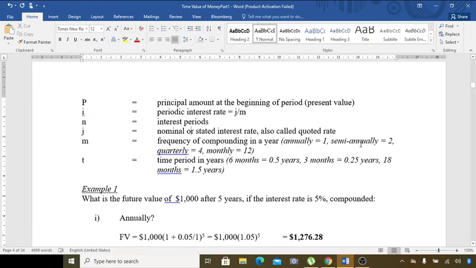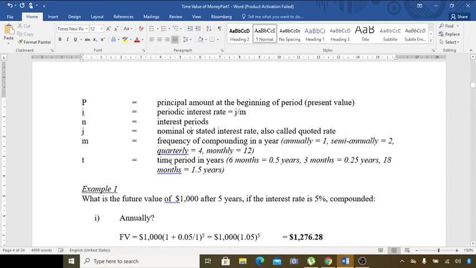If semi-annually, then you do it twice a year. You put your money at say the beginning of January, and come end of the 6th month, after 6 months, then only you will calculate the interest. Similarly for quarterly compounding, you do it 4 times a year. So it means every 3 months. And if it is monthly, you do it every month.